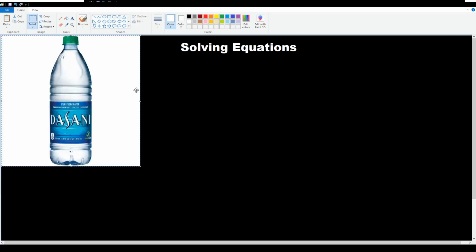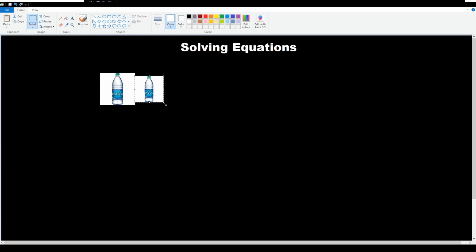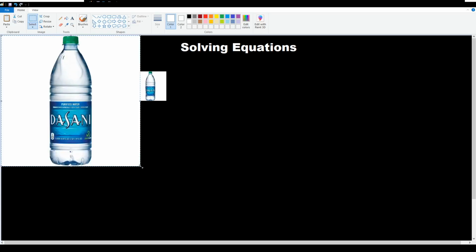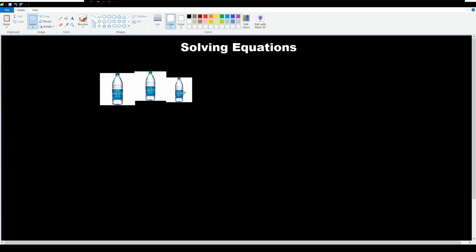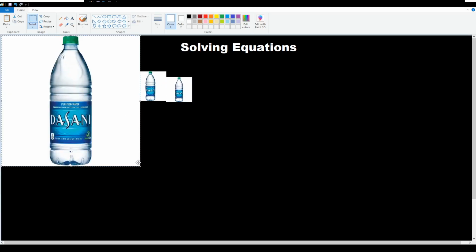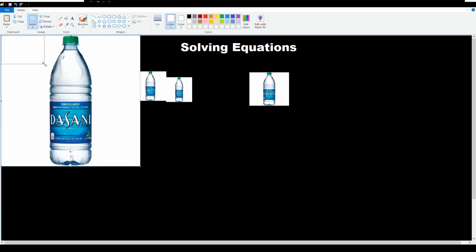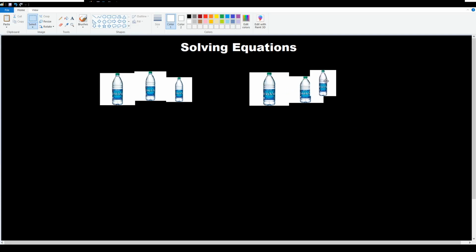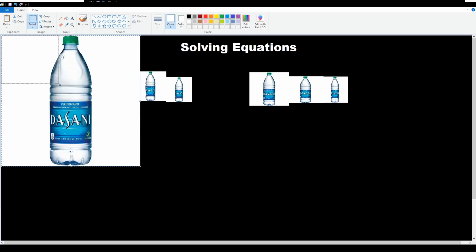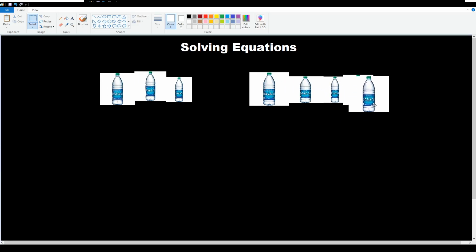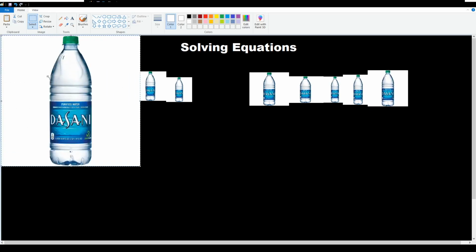Say you had 3 water bottles, right? And your friend had 7 of these. Actually, let's make it like 6 for the sake of copying and pasting. Okay, so your friend has 6 of these water bottles, and they're all the same brand, all that good stuff.